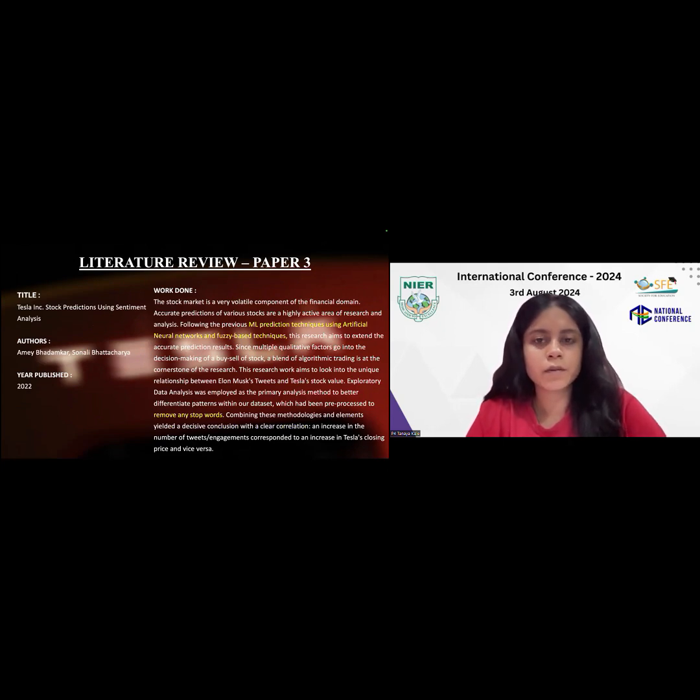This paper focused on the relationship between Elon Musk's tweets and the Tesla stock value. It was basically the real-time comments or tweets that came on social media and the Tesla stock value. To understand the pattern of that data set, they have used the bag of words technique, which is a natural language processing technique. Then they removed the stop words and did the pre-processing.